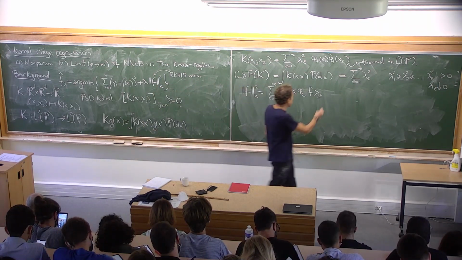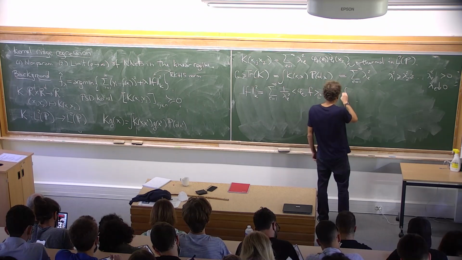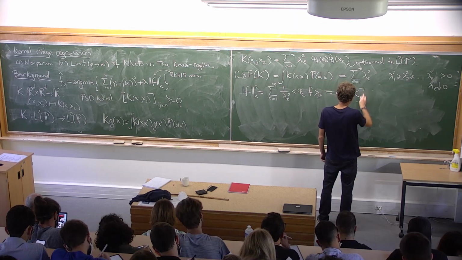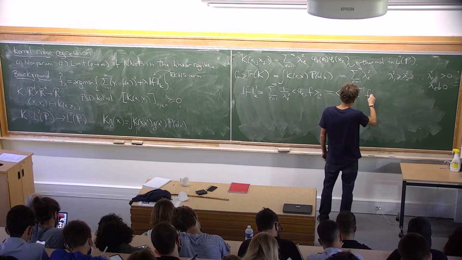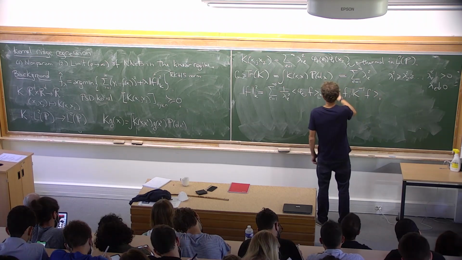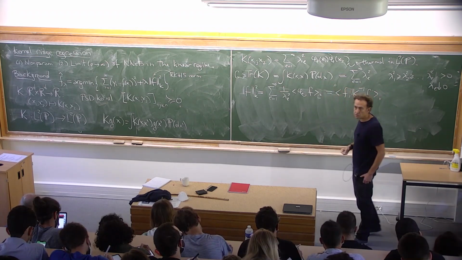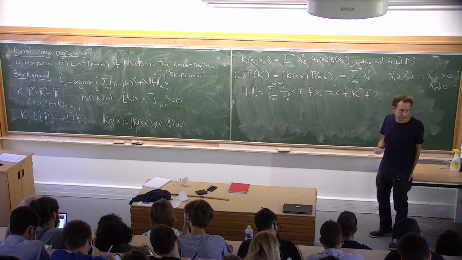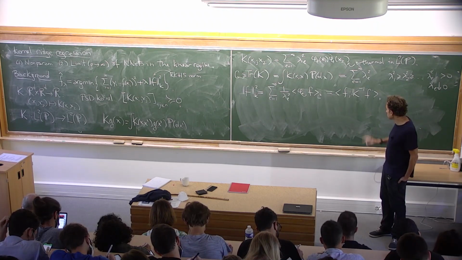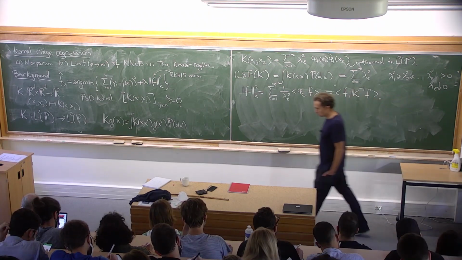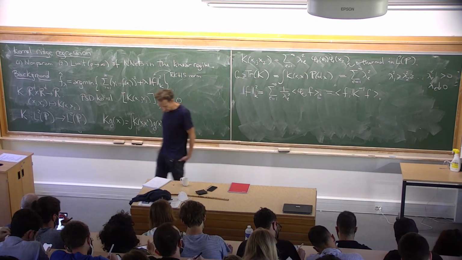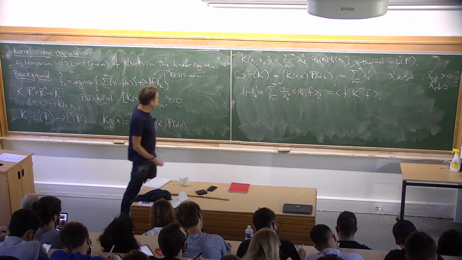Morally, this is f, K inverse, f. I say morally because K can have some 0 eigenvalues, but modulo this, this is the norm. Okay, so let me give you an example.